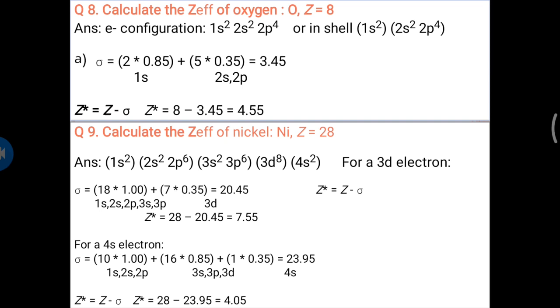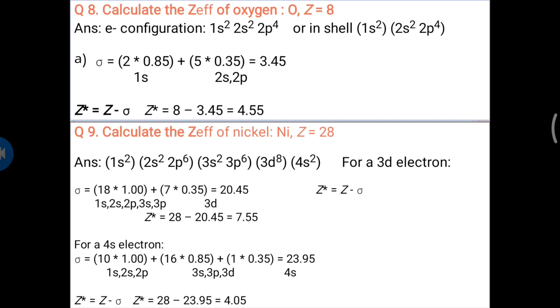The first group contributes to the screening constant 2 into 0.85 for the 1s orbital. How many electrons are present in 2s 2p4? There are 6 electrons, but for 1 electron we calculate the screening constant, so 6 minus 1 is equal to 5. 5 into 0.35 is equal to 3.45.